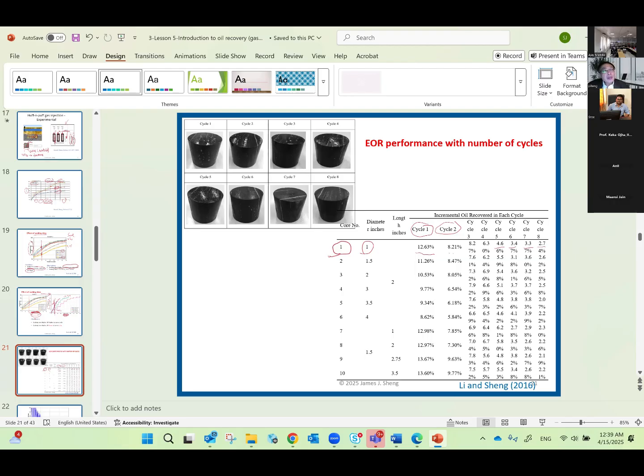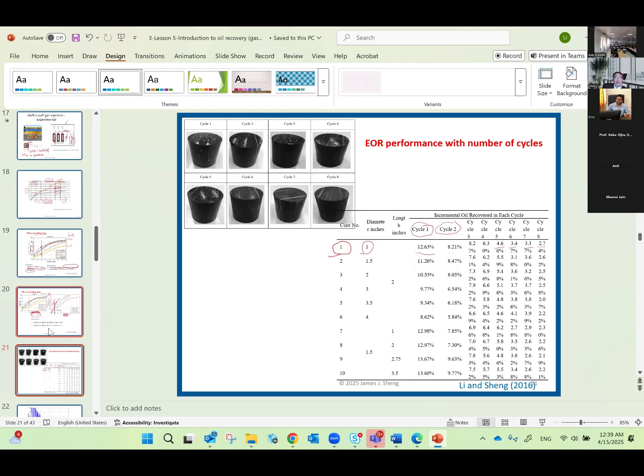That is easy to explain. So later cycles will produce less oil than the early cycles. Then the next question is, in reality, how many cycles should we do to get economic oil production?